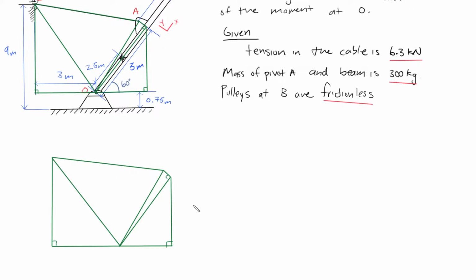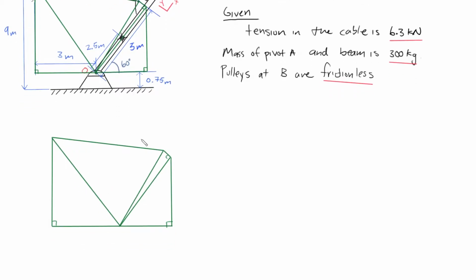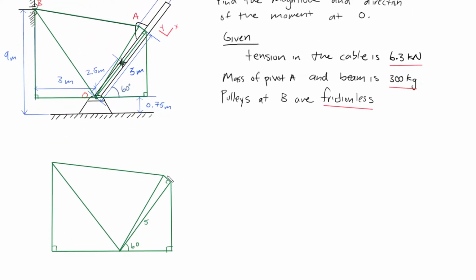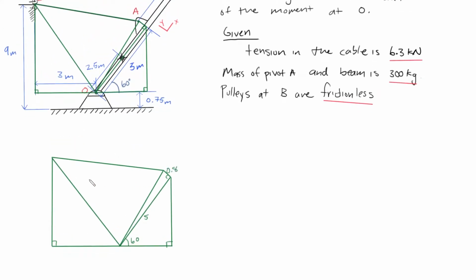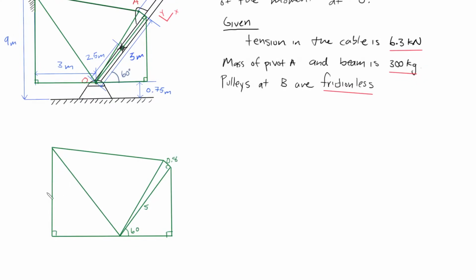Now that we have this figure drawn, we're going to start defining the dimensions of this shape. So what I'm going to do first is draw this given angle. This is going to be 60 degrees. We were given this is 5 meters. And we're given, what else are we given? We're given that this small length is 0.8. And what we have here is this height.